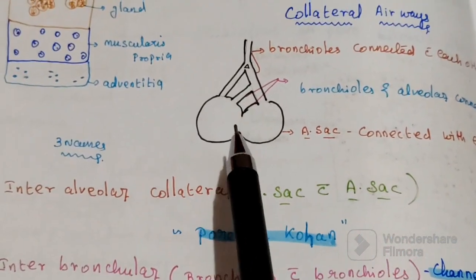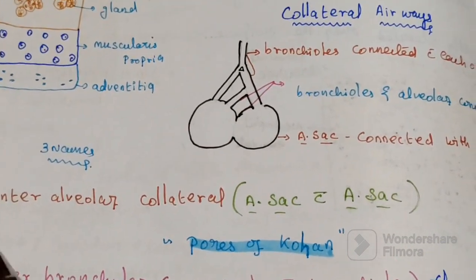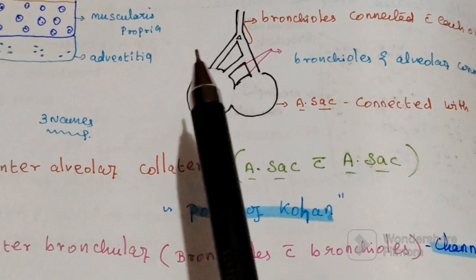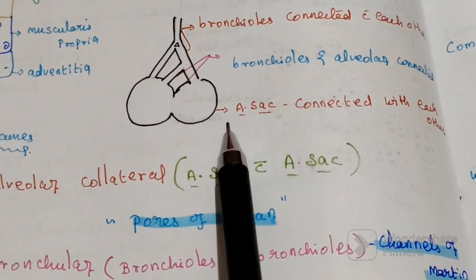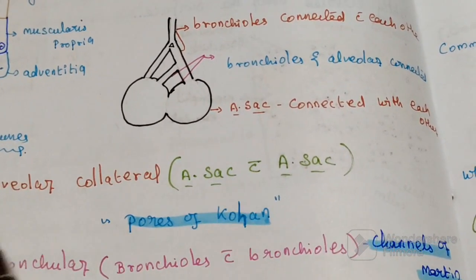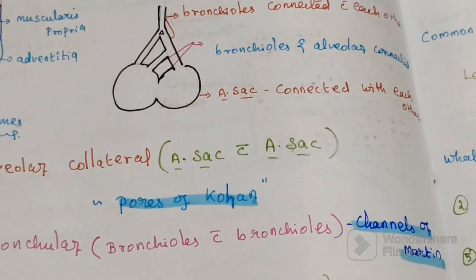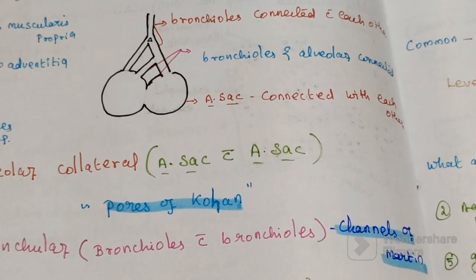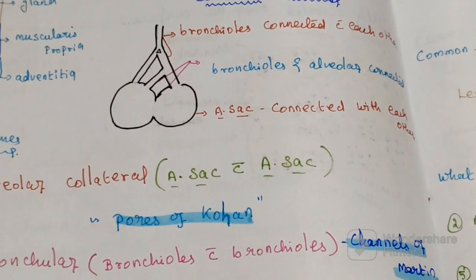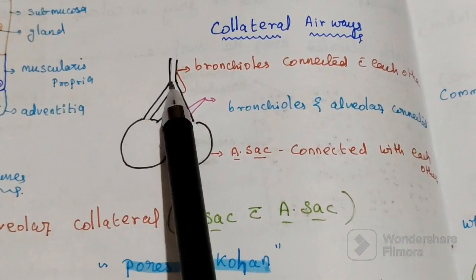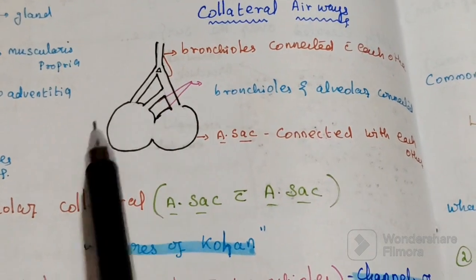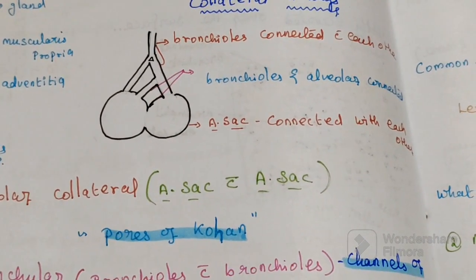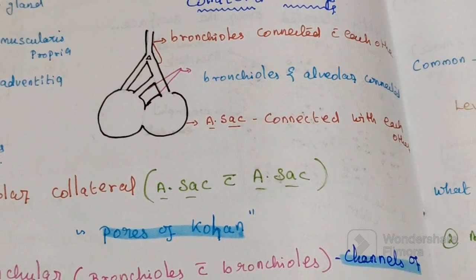Can you see this diagram? Here is one alveolar sac, and here is one more alveolar sac. Both connected to each other are the pores of Kohn. Similarly, one bronchiole connected to another bronchiole is the channel of Martin.